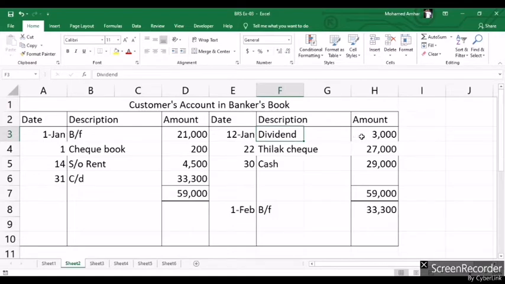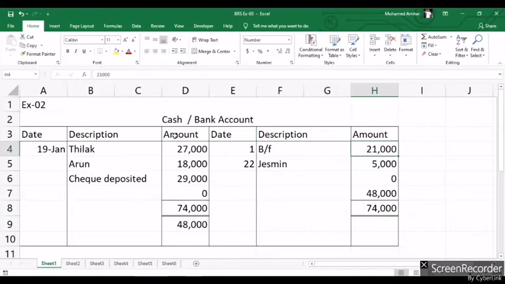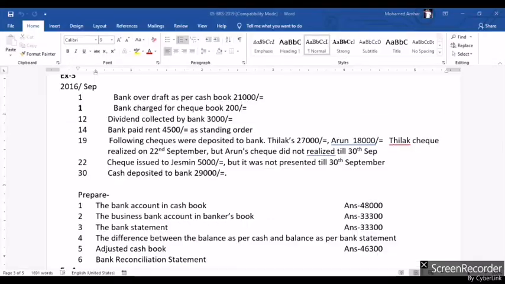This 3,000 won't be recorded in the cash book, because until the business receives the statement, the business does not know that matter.